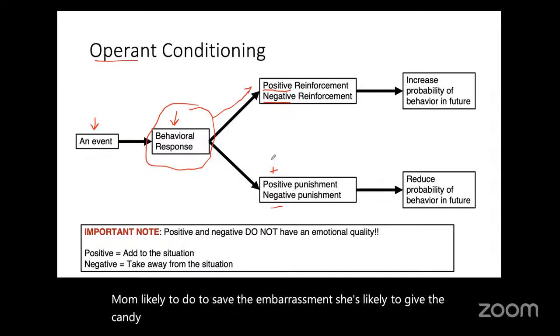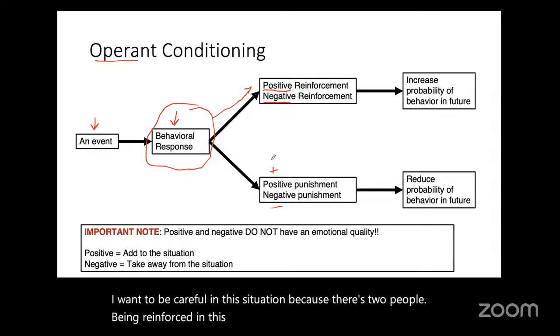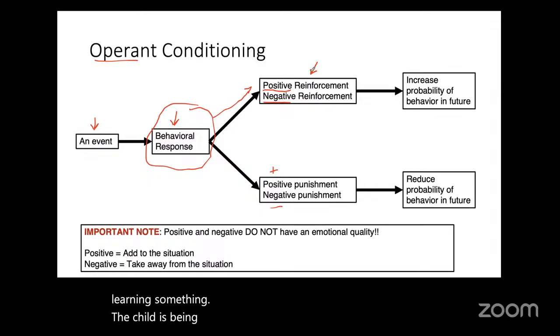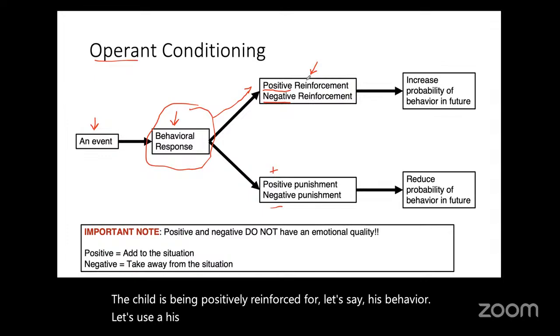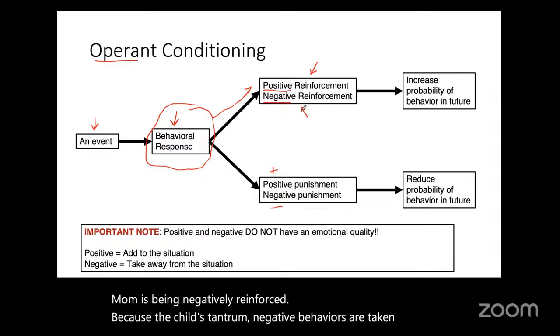Okay. Now, I want to be careful in this situation because there are two people being reinforced. There are two people that are learning something. The child is being positively reinforced for, let's say, his behavior, because he gets the candy bar. Mom is being negatively reinforced because the child's tantrum, the negative behaviors, are taken away, and that's reinforcing for mom.